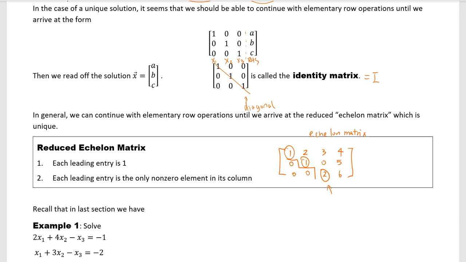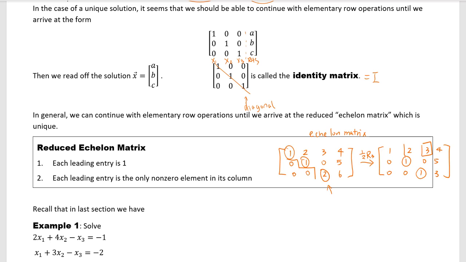How do we get to the reduced echelon matrix? Well, we can divide the third row by 2. Then we get 1, 2, 3, 4; 0, 1, 0, 5; 0, 0, 1, 3. And then we can use this 1 to clear this entry.